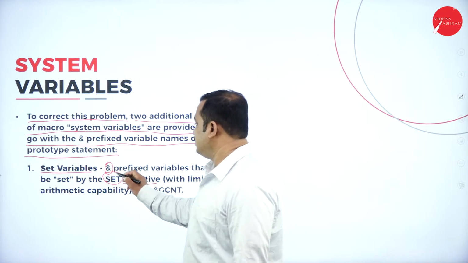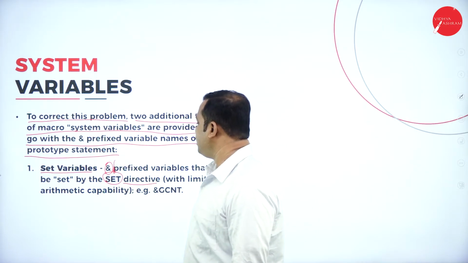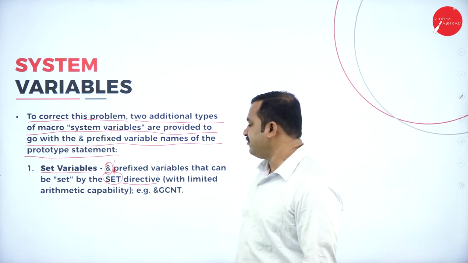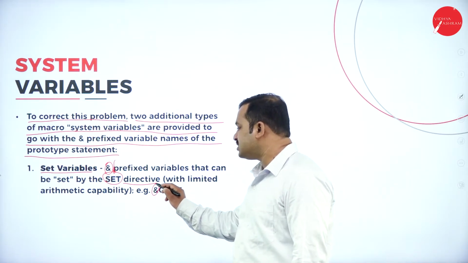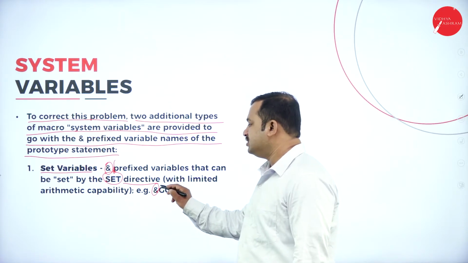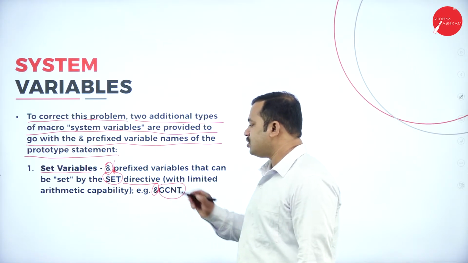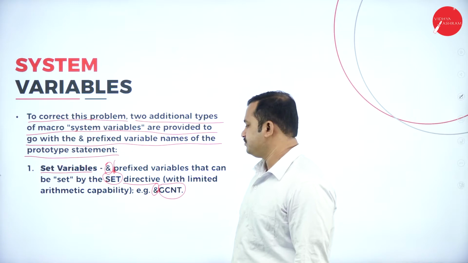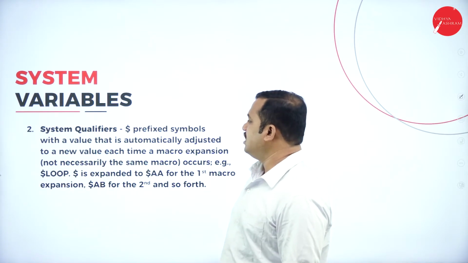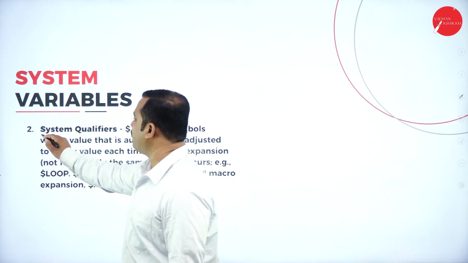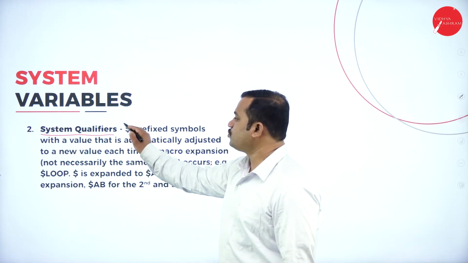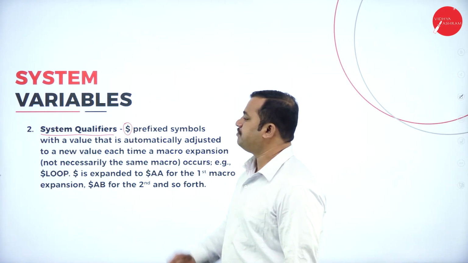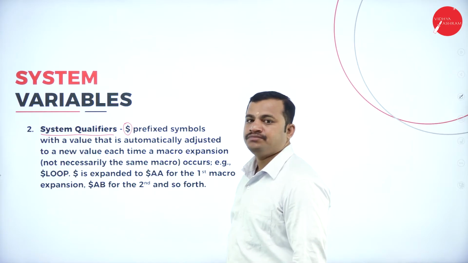In this case, they have used the set label, which is a directive that directs the assembler to go with the symbols of similar type. If that is the case, let me call the second type system qualifiers. These qualifiers are prefixed by the dollar symbol.